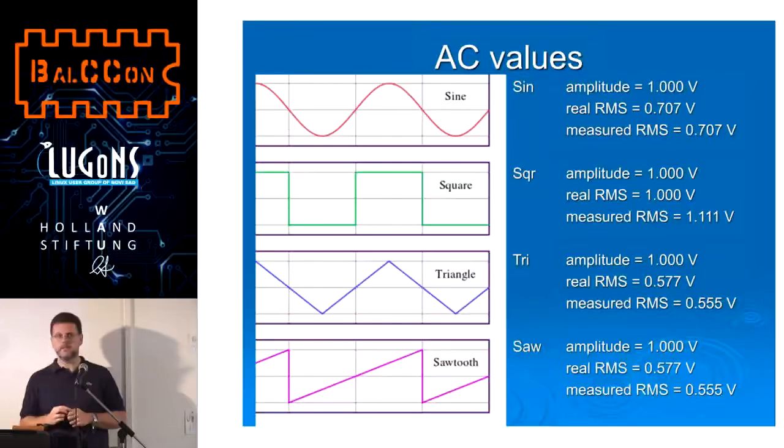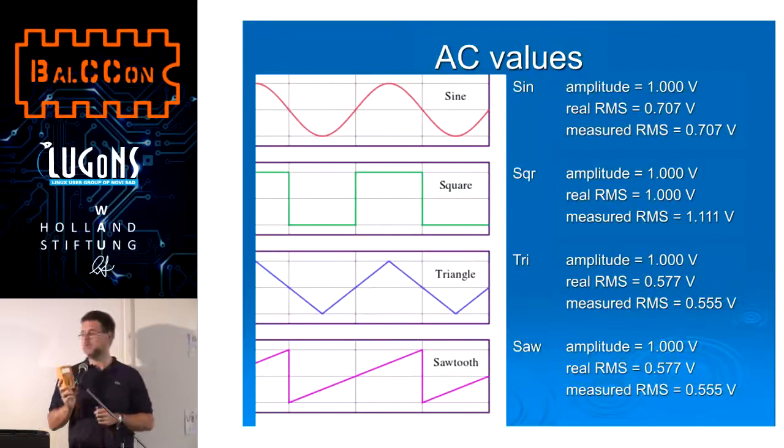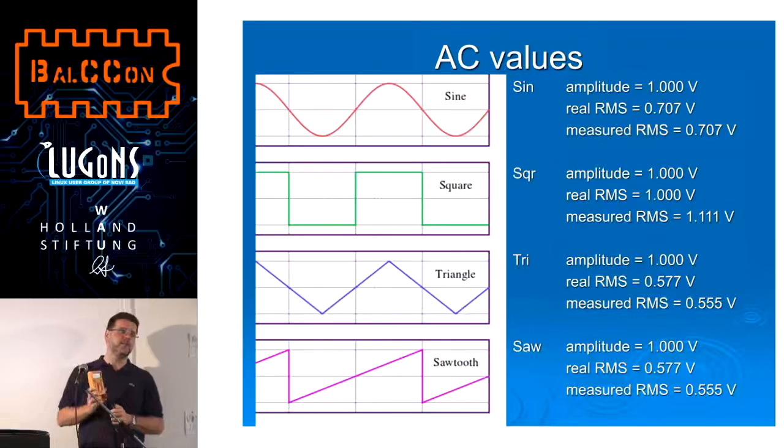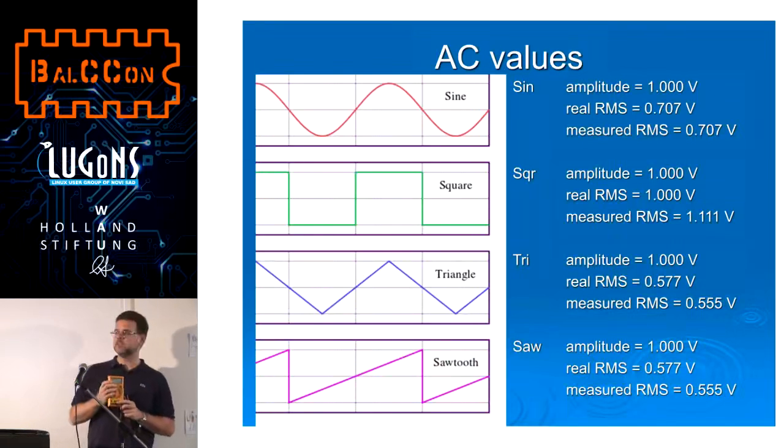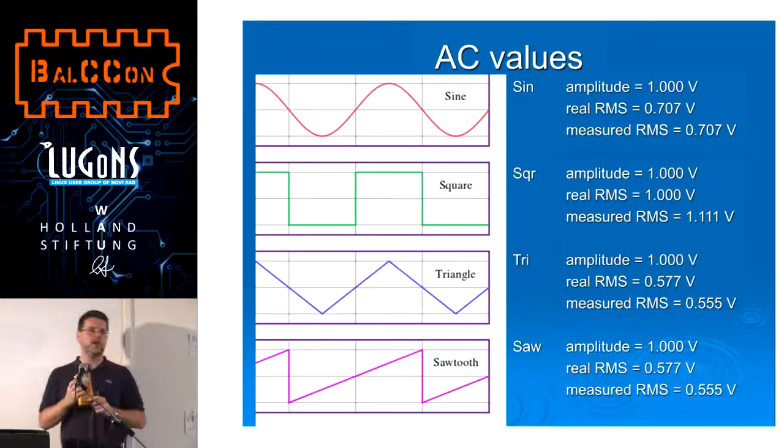And here's a representation of some standard wave shapes. For a sine wave with an amplitude of 1 volt, you will get a readout of 0.707, and that's okay. You don't get a readout of amplitude on your multimeter. Multimeters always show RMS, root mean square.